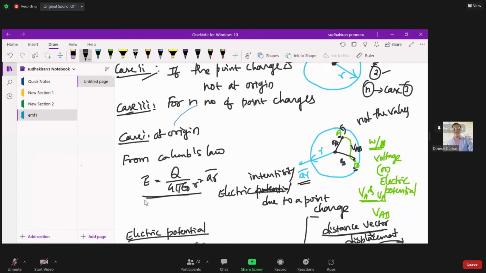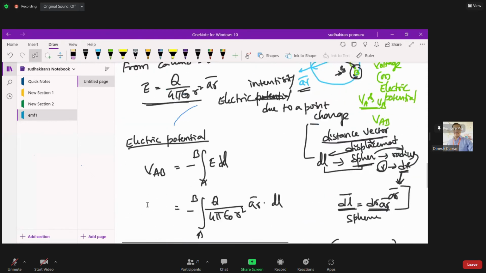They are just names. Here you are doing integration for R, so you have to substitute the value of R. The value of R at A is RA, and the value of R at B is RB. That is the main point you have to understand.